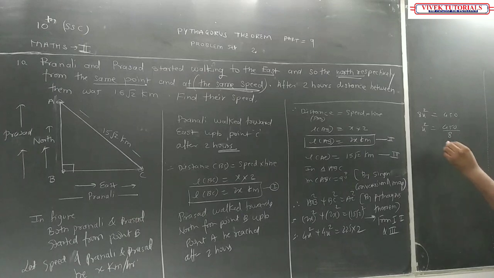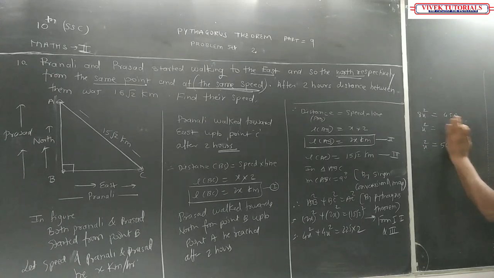So x square is equal to, we'll get, 4 2s are 8, 1s are 8, 8 5s are 40. Now it becomes 50, 8 6s are 48. Now we got 2. 8 2s are 16 and 8 5s are 40. 56.25.